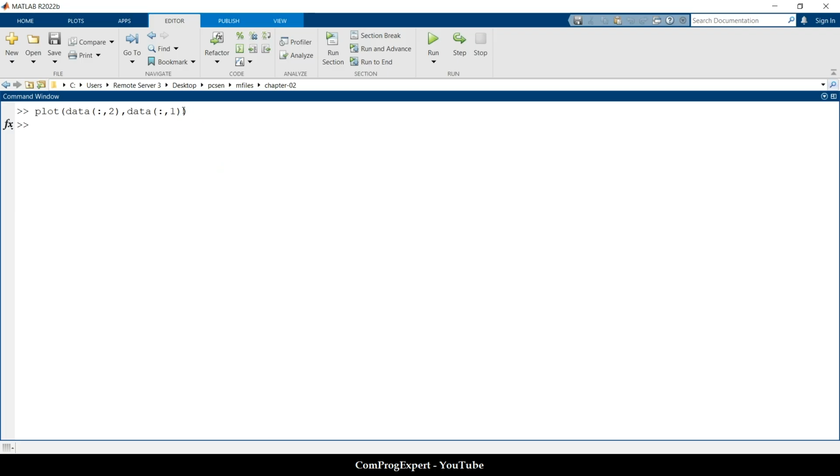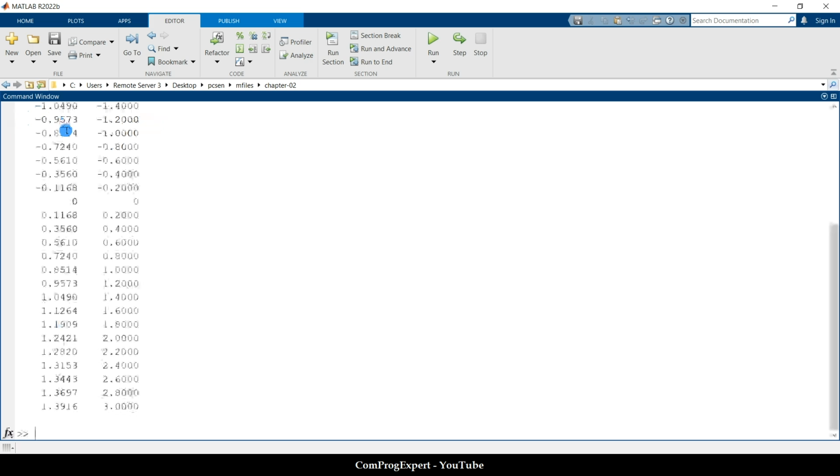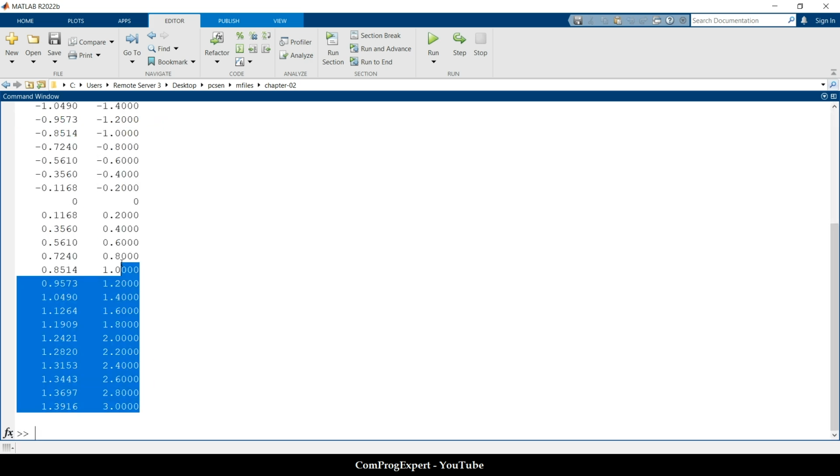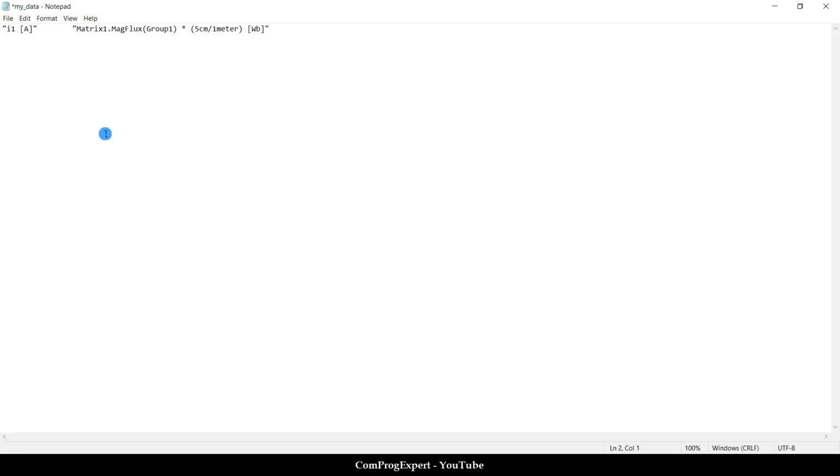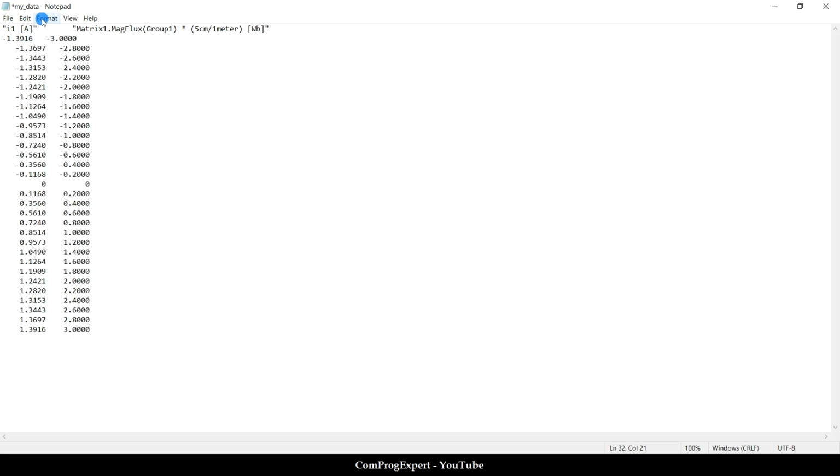So here, let's consider this new matrix. I just reordered the columns, the second column first and the first column second, to reverse the order. Now I can copy this here, paste my data.